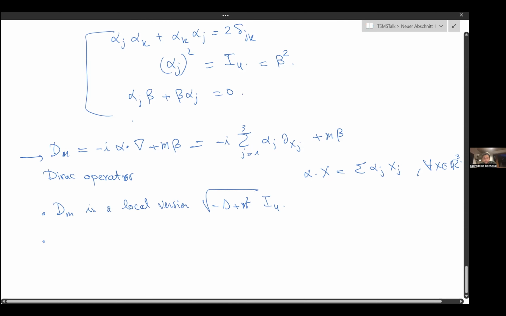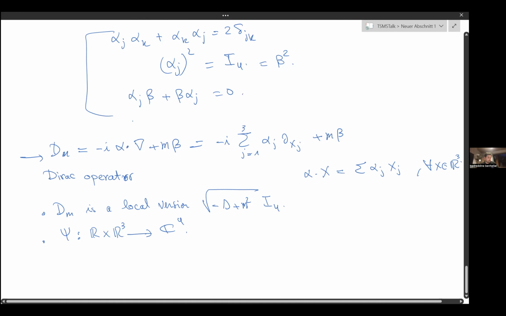But the problem is that here we had to pay something: the wave function, with x taking values in R3, is a complex vector with 4 components, because we have these 4x4 matrices.